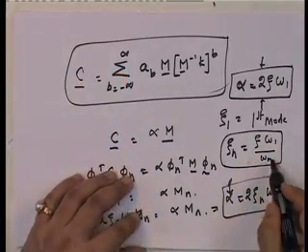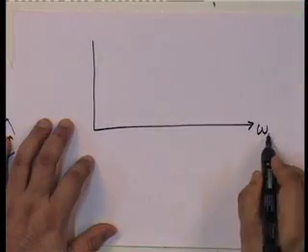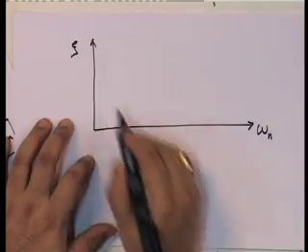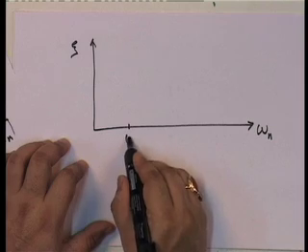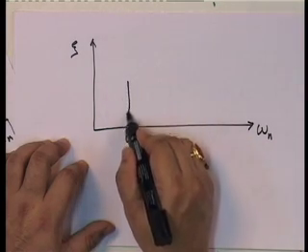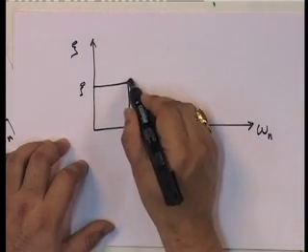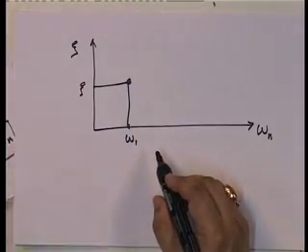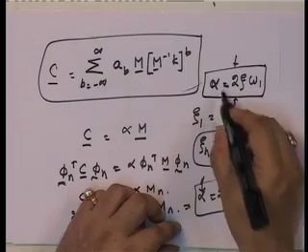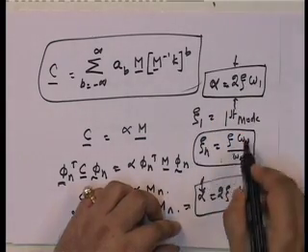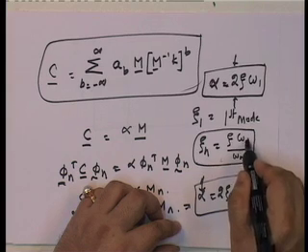Note something very interesting. What form does this take? I have omega n and I have xi. Suppose I have omega 1 and I fix xi for that value. Once alpha is fixed, xi n is equal to xi times omega 1 upon omega n.